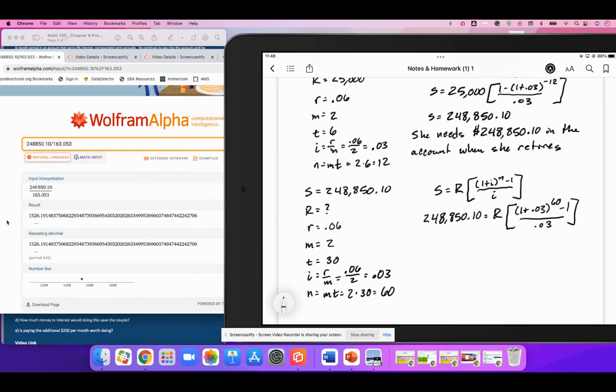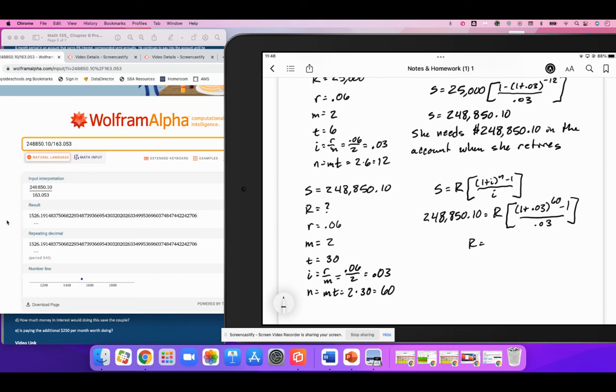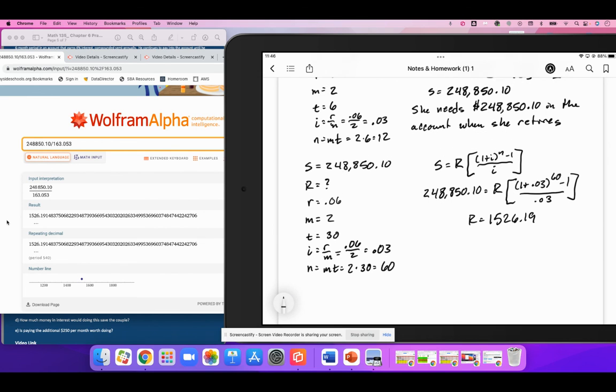So she needs to put away $1,526.19 every 6 months to reach her goal.